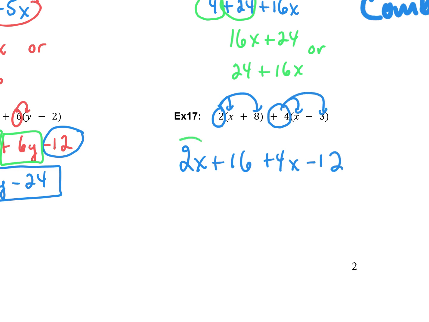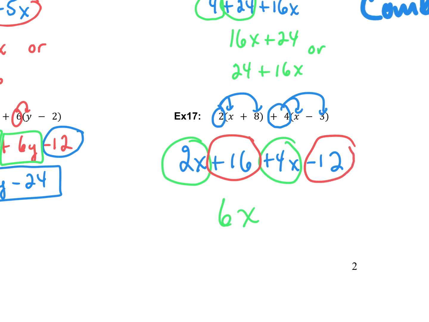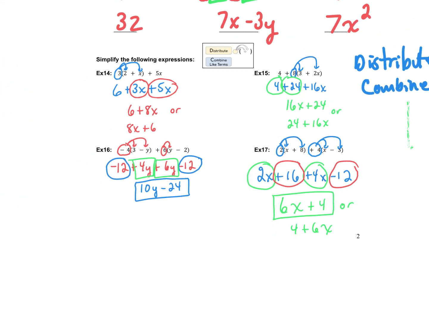Then you're going to identify the like terms: positive 2x, positive 4x, 6x, positive 16 plus a negative 12 is plus 4. Or again, you could have 4 plus 6x. Either one is fine.